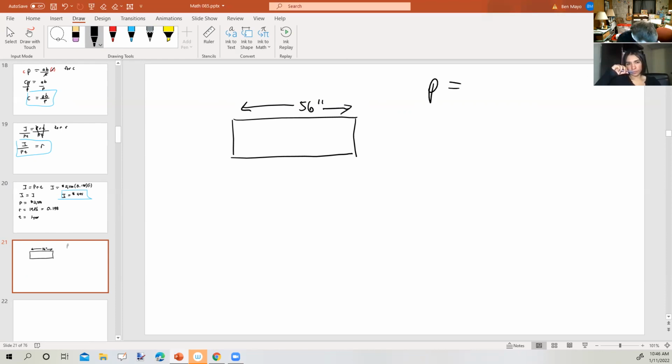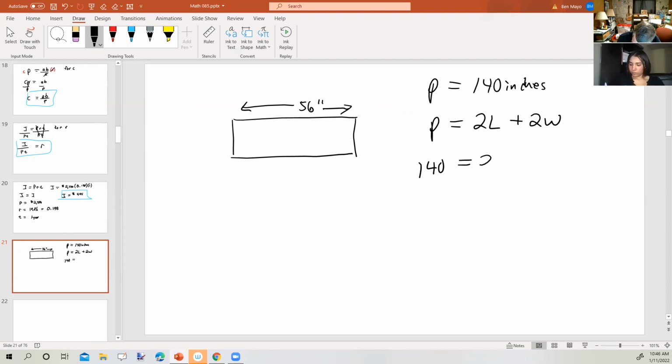And we're told that the perimeter is 140 inches. Okay. Well, the formula for the perimeter of a rectangle is 2 times the length plus 2 times the width. We know that the perimeter is 140 inches. We know that the length is 56 inches. Okay, so far with that?